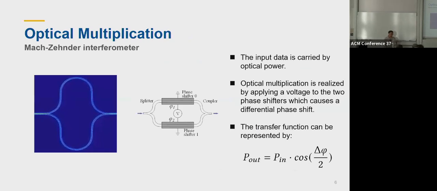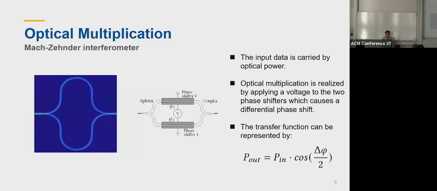The optical signal carries the data, which is equally split into two arms of the interferometer, and the MZI makes destructive or constructive interference by applying a voltage to the two arms, which causes a different phase shift in each input signal. Based on the value to be multiplied, two different voltages are applied to the phase shifters in the two arms to generate different phase shifts.